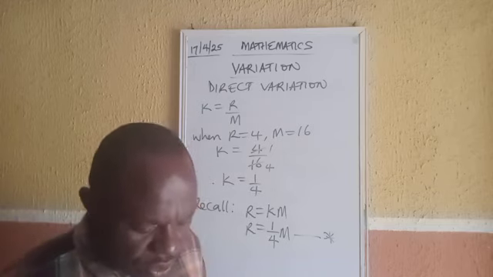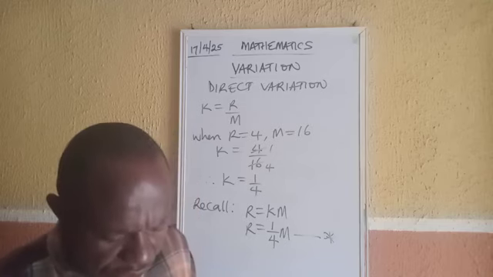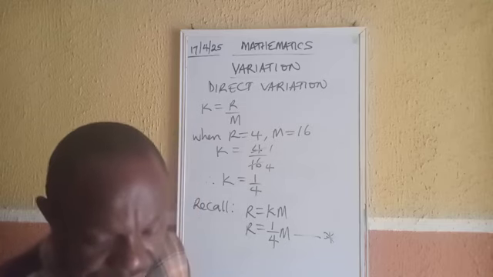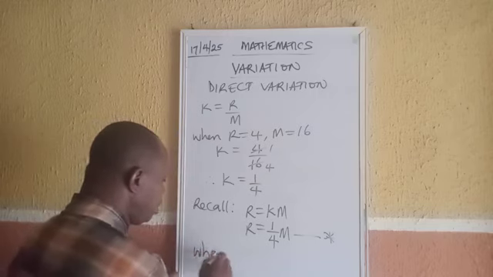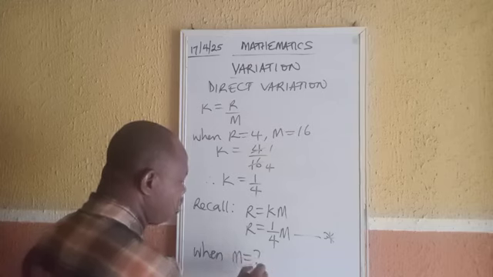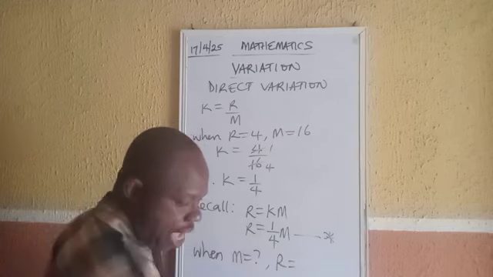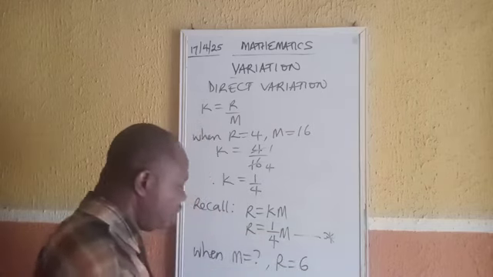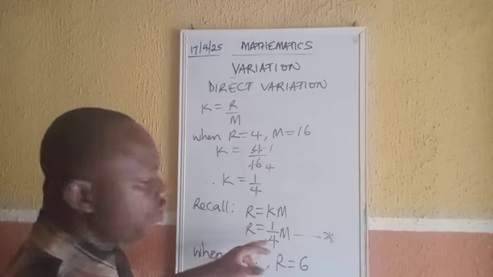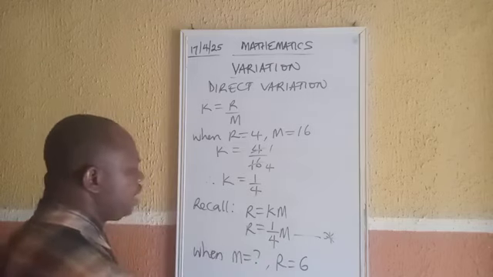What are we asked to calculate? Find the mass when the radius is 6 centimeters. So when m we don't know and radius is 6, let's substitute it inside this law of variation.